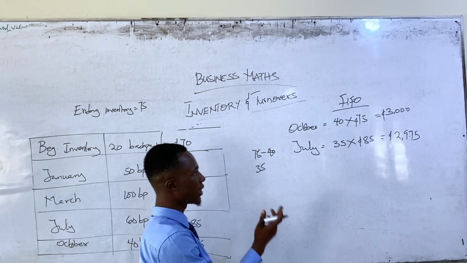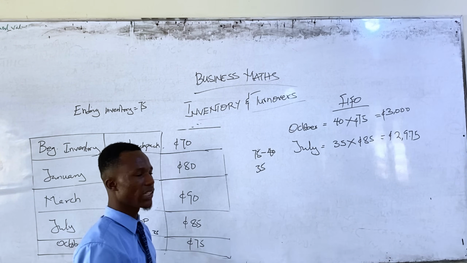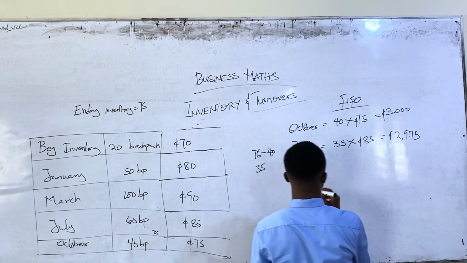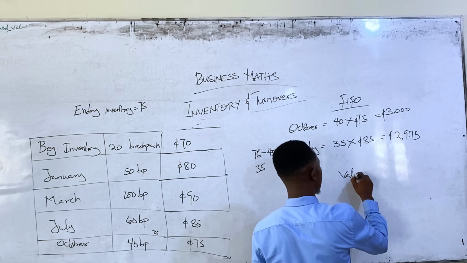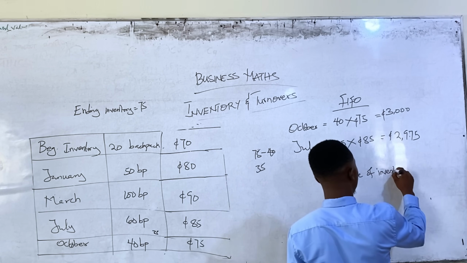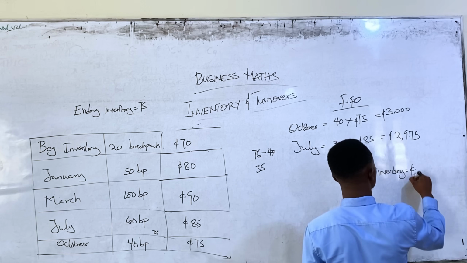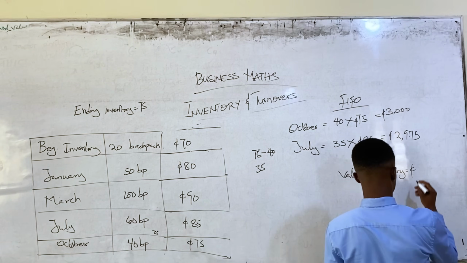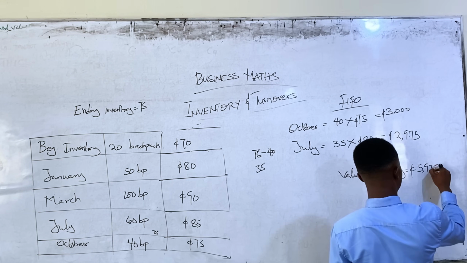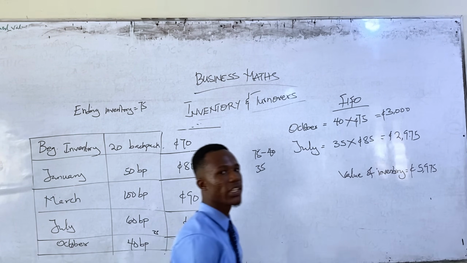Once you create the extensions for the two months, the next thing is just to add them, and that is all. That becomes your final answer. So in this case, your value of inventory is equal to 5,975. Okay, so this is your value of inventory.